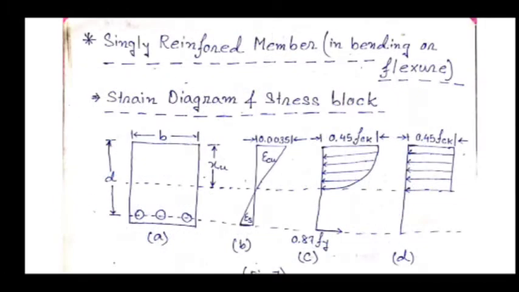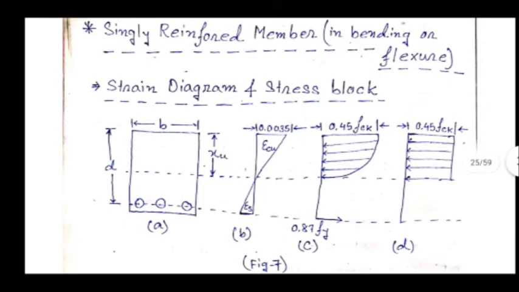So, let's check the strain diagram and stress block for a singly reinforced member in bending or flexure in the limit state method, as per codal provision, obviously. In figure 7a, you can see a cross section of a rectangular beam. The dotted line at the center is the neutral axis.